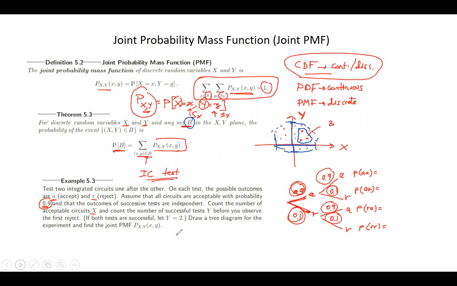Now we define two random variables. X is the number of acceptable ICs. So A here refers to acceptable ICs. And Y is the number of successful tests before you observe the first reject.